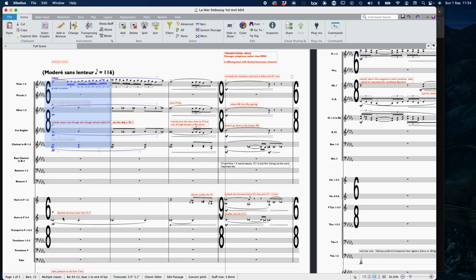So then we've got the harmony extended a little bit lower than the clarinet, but just in one horn part, just the third horn. Notice there's no bassoon at that point as well, possibly because the horn and the clarinets tend to blend better in that regard when it's really quiet like this.